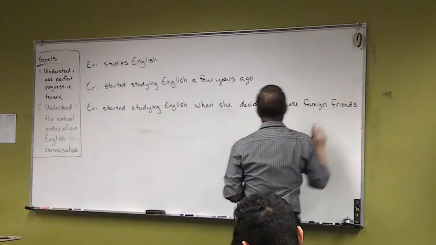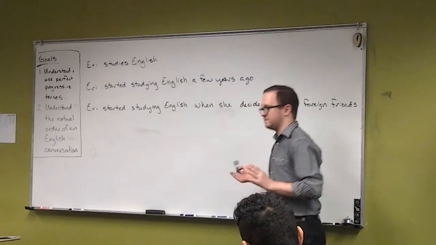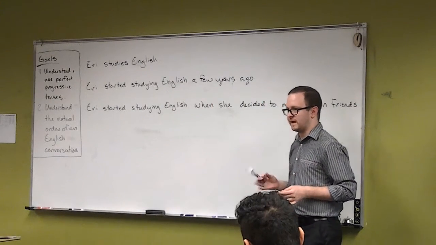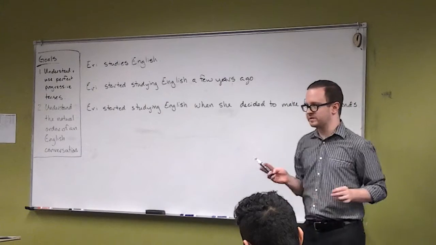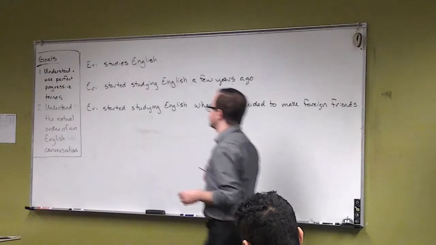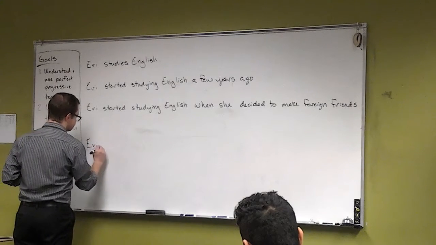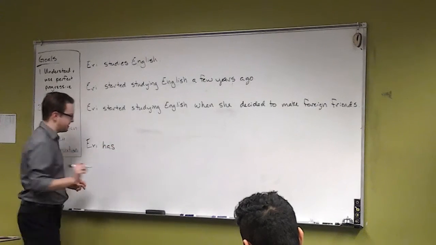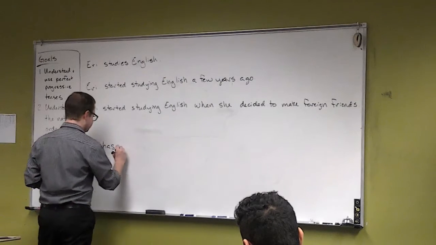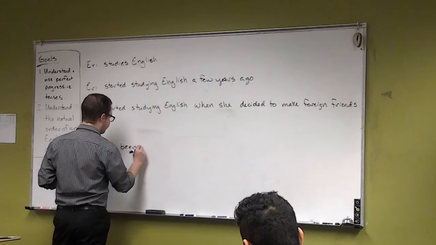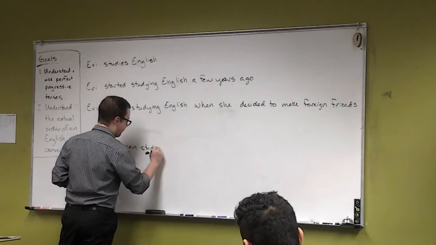Okay. So how could we make a few different sentences with the present perfect progressive, the one we just saw? So we have a few different options here. We have Ari has been studying English. Very good.